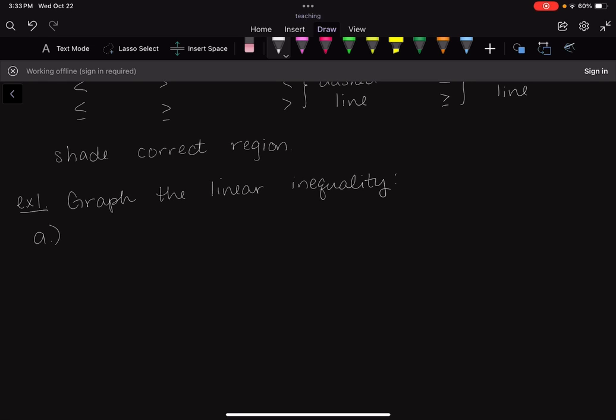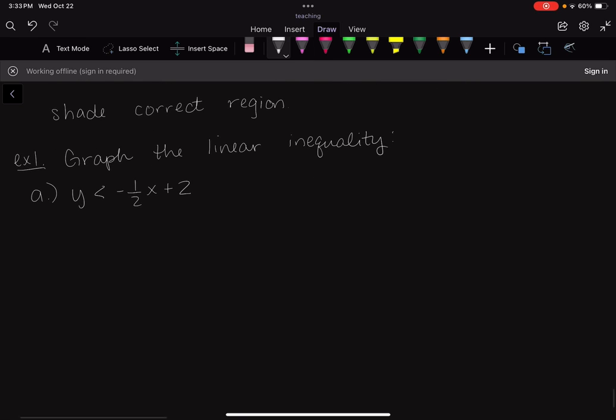So part A, we'll do y is less than negative 1 over 2x plus 2. And let me go ahead and draw myself a graph.